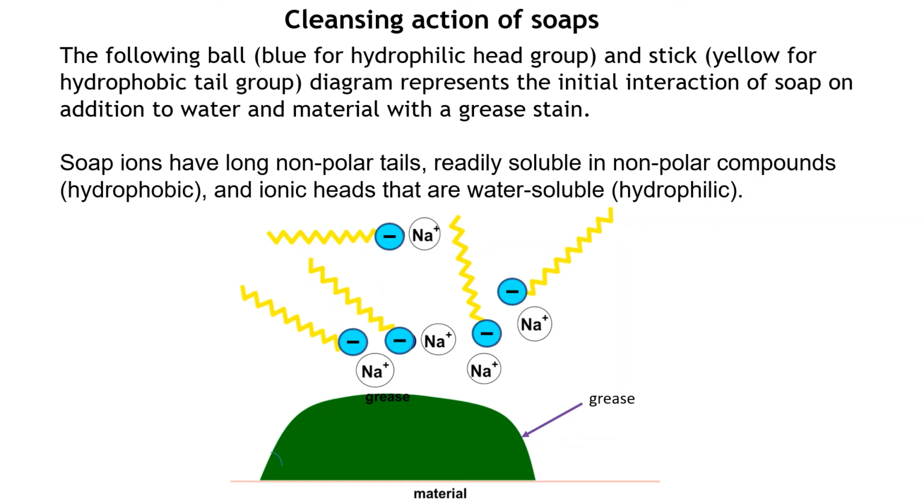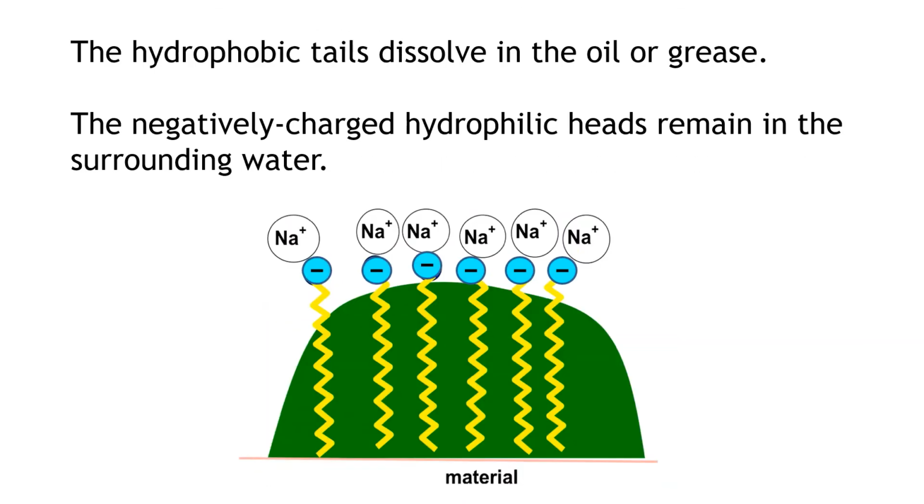So here's the cleansing action of soaps. Imagine we've got a lump of grease here, and we've got these big long non-polar oil soluble tails and these negatively charged hydrophilic heads. What happens is the big long hydrocarbon part is soluble in the grease. This will dissolve in the grease.